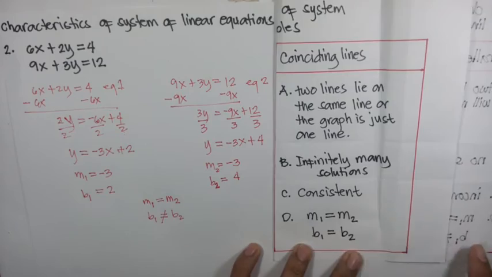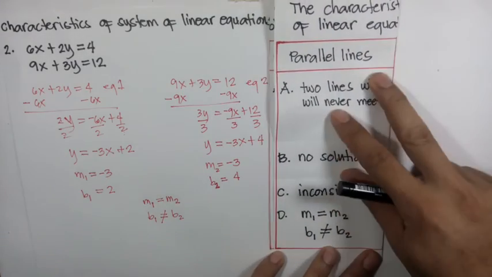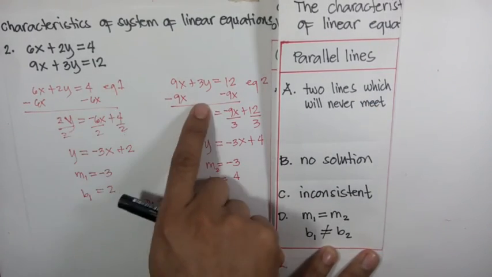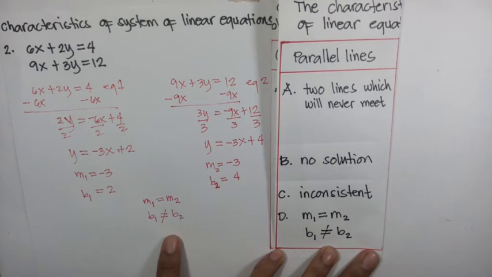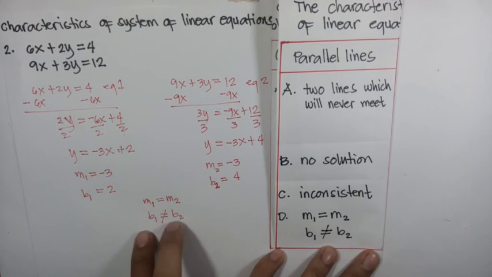But since the y-intercepts are not equal, that is parallel lines. These two lines will never meet. There is no solution since there is no intersection, and it is also inconsistent since there is no solution. The slopes are equal and the y-intercepts are not equal. So we are done.